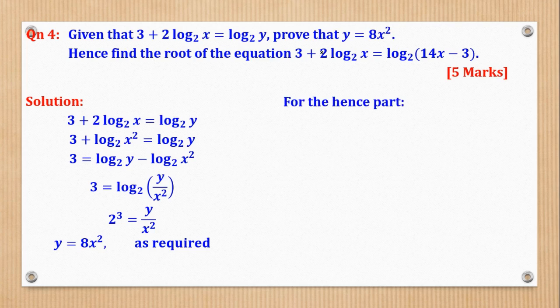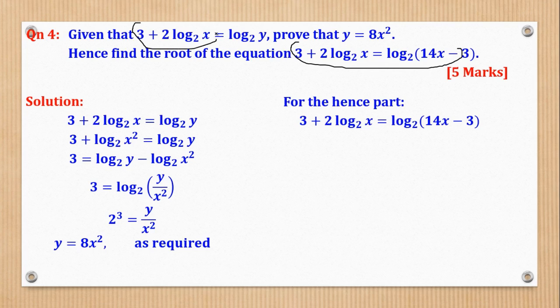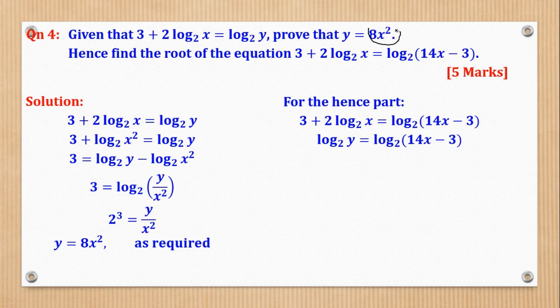So for the hence part, they wanted us to solve this to find the root of that equation. So we shall first write it. Then remember that the whole of this is equal to this, so I'll substitute. Where there was this, I'll put log base 2 of y. Then remember that y = 8x squared, so I'll substitute. Where there was y, I'll put 8x squared.